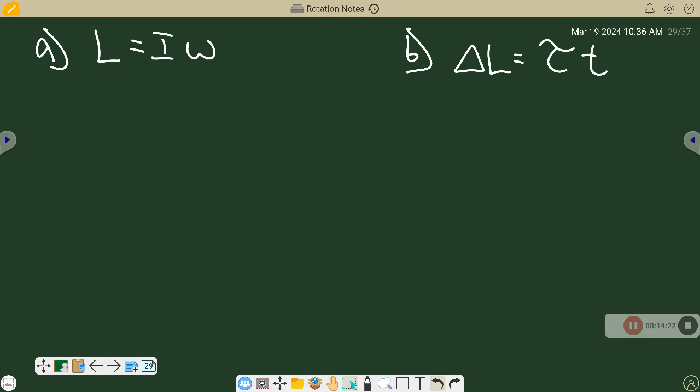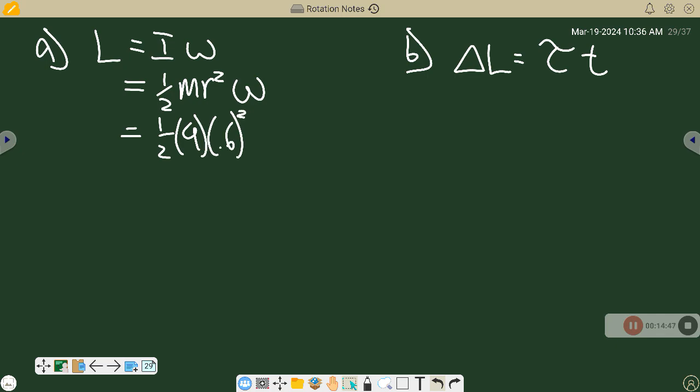For part A, we have to find the angular momentum of disk A. Shouldn't be too hard. We know that angular momentum is rotational inertia times angular velocity. So we have the rotational inertia of a disk, 1/2 mr squared, times omega. Now it's just plug and chug. The mass is 9, the radius is 0.6, we square that, times its angular velocity of 7.2.